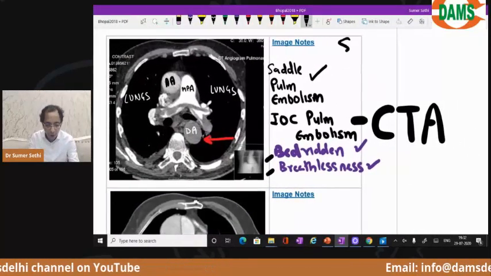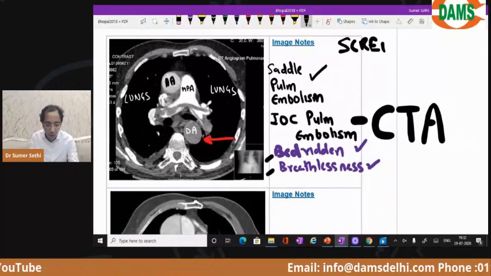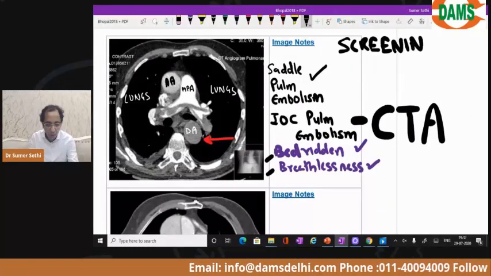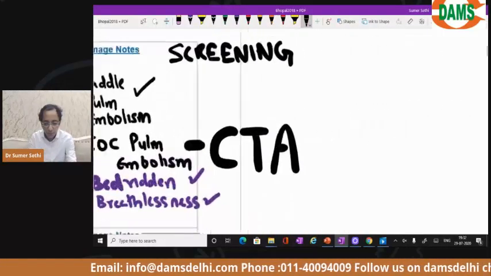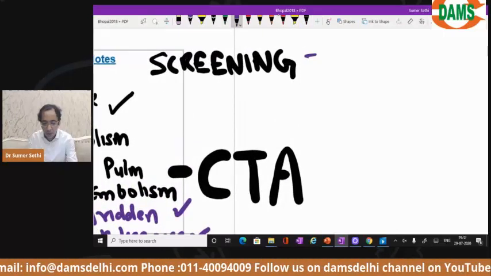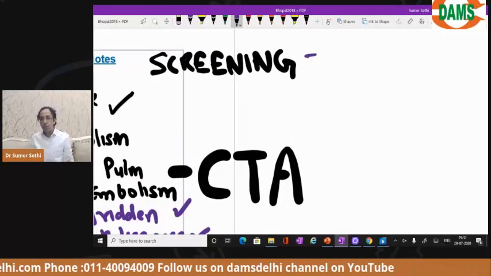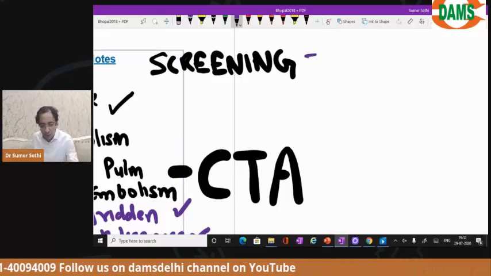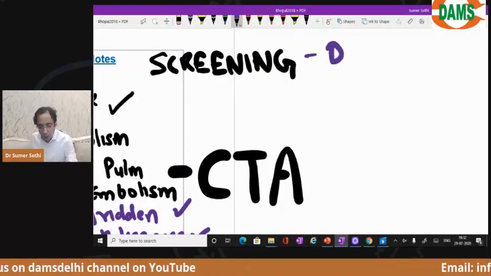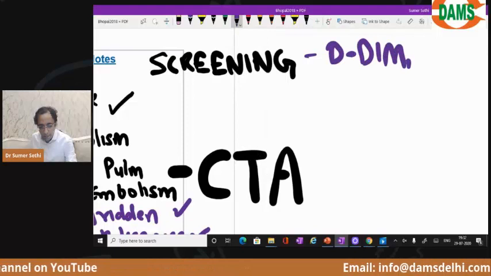Second question. What is the screening investigation that we do for pulmonary embolism? The screening investigation for pulmonary embolism is the one that you read in pathology. You will do a D-dimer assay.